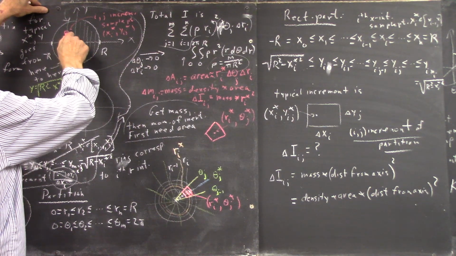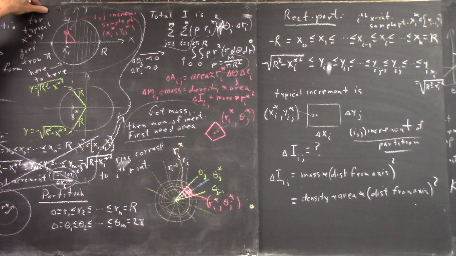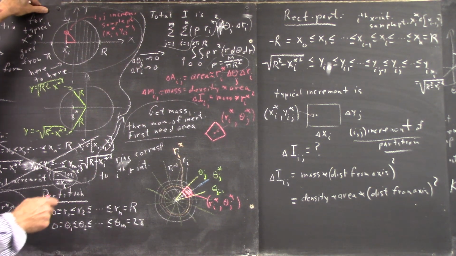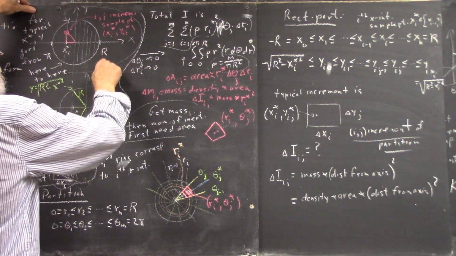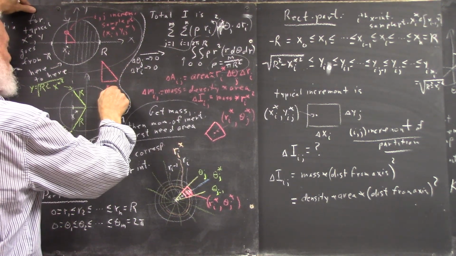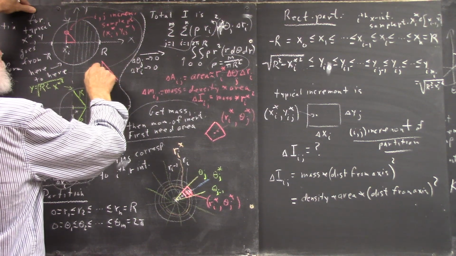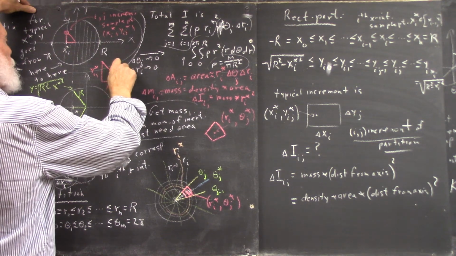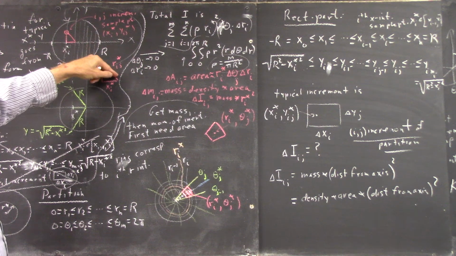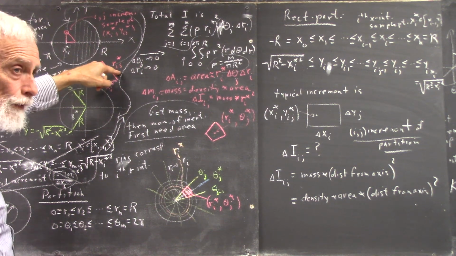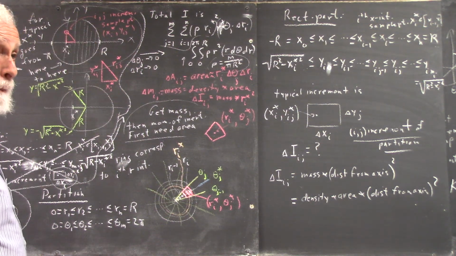Well, you've got a triangle with a side xi star and a side yij star, right? Let's just draw it a little bigger. And I'll call this Rij star, the radius, the distance of the ijth sample point from the origin, right?